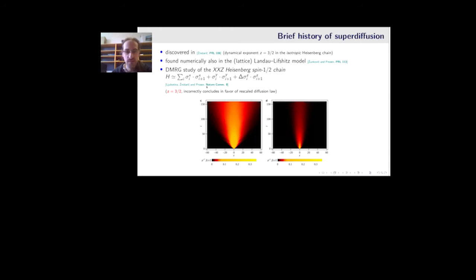Interestingly, in that paper, this Nature Communications paper, they did some analysis on the stationary scaling profiles of the dynamical structure factors, and they concluded in favor of the rescaled diffusion law. So just a diffusion law with a rescaled time variable, which turned out to be incorrect, as I will tell you in a second. So here I just included 2 plots from that paper just to give you some feeling what is happening.